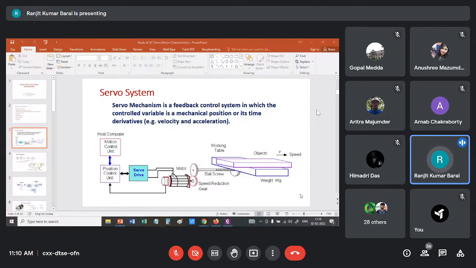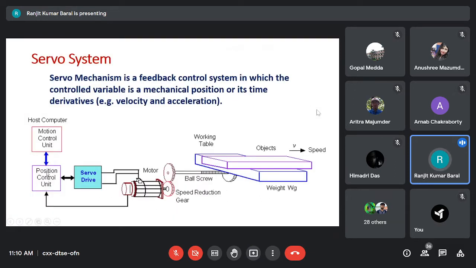We are applying the command, and the position control unit is helping the servo drive to follow that command. The drive is the power source through which the motor gets the power to operate, because the position control system takes the reference input and the feedback input. Feedback is taken from some speed sensor or something over here, and it is generating the control command.